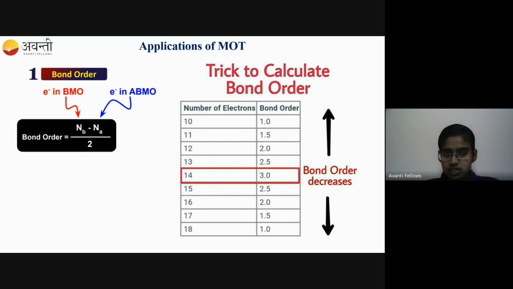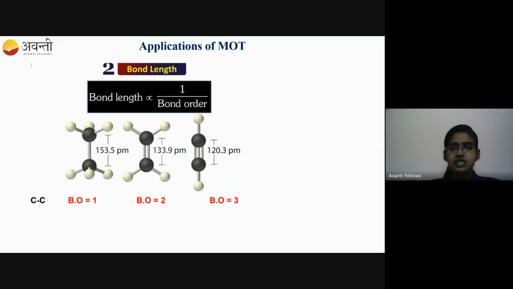Now coming to the second application, the bond length. Bond length is inversely proportional to bond order. If the bond order is more, the bond length is less. If the bond order is less, the bond length is more. You see here, the first system is carbon-carbon single bonded, in which there is only one bond between two carbons, so the bond order is 1.